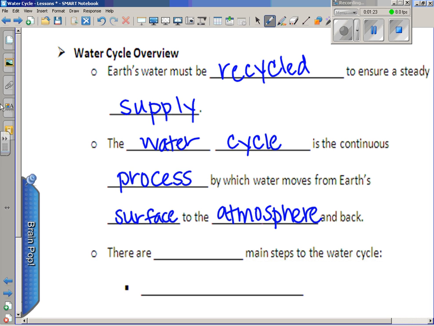Now, there's another word that could be used for the water cycle, and that's the hydrological cycle. So over to the side, I want you to write hydrological cycle.